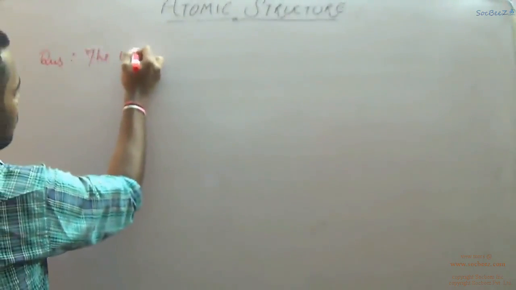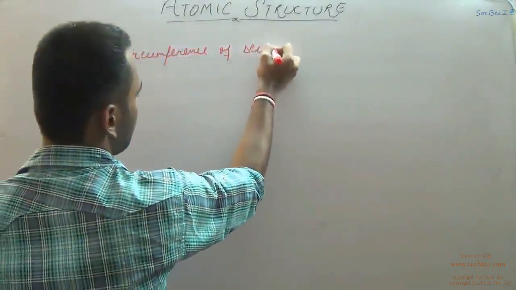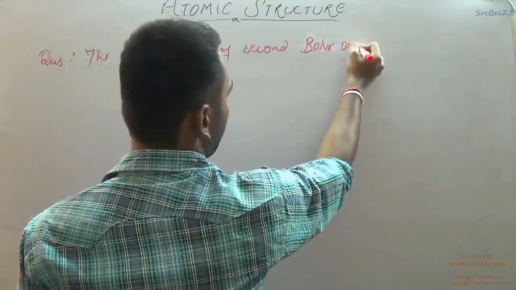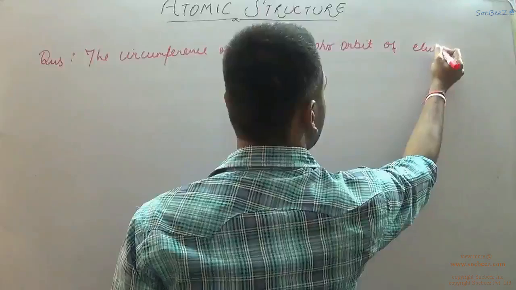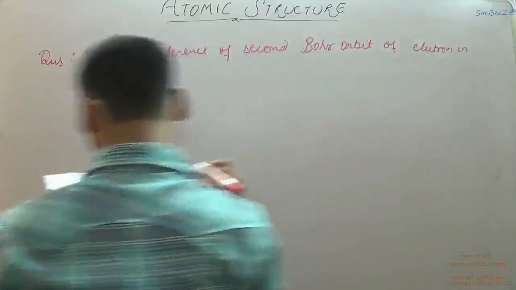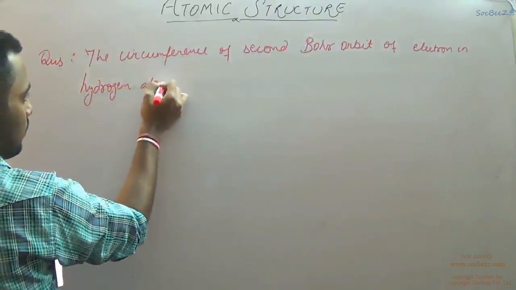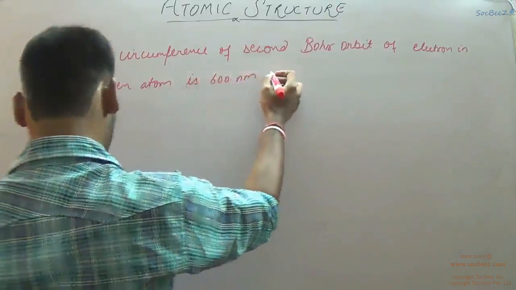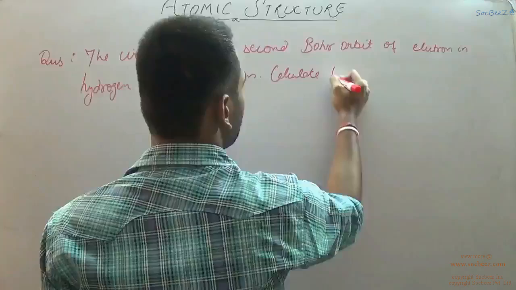The circumference of the second Bohr orbit of an electron in a hydrogen atom is 600 nanometer.